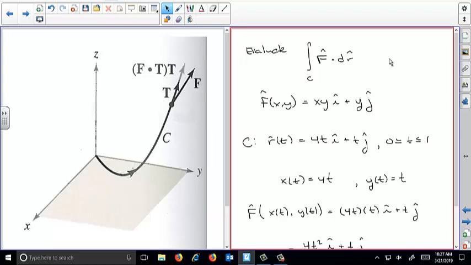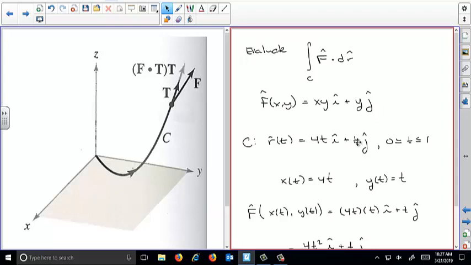And the curve is defined by r equals 4t i plus t j, which I think would be a straight line that goes through the origin and has a slope of a fourth or something like that, just because this is a function of t, and this is a function of t.